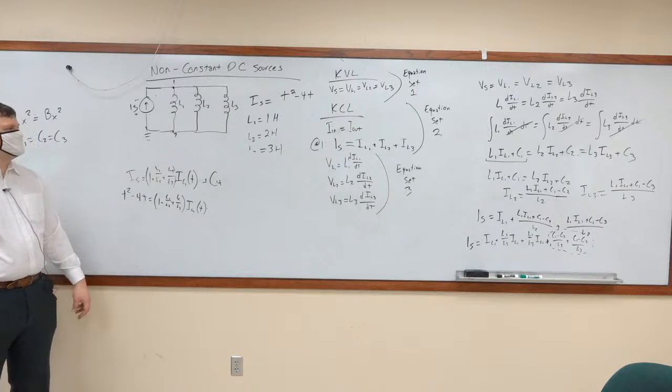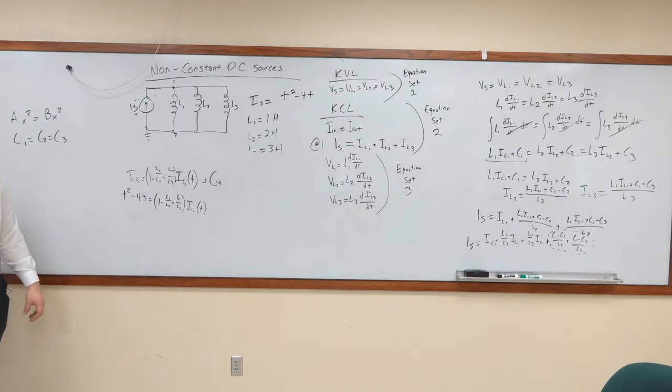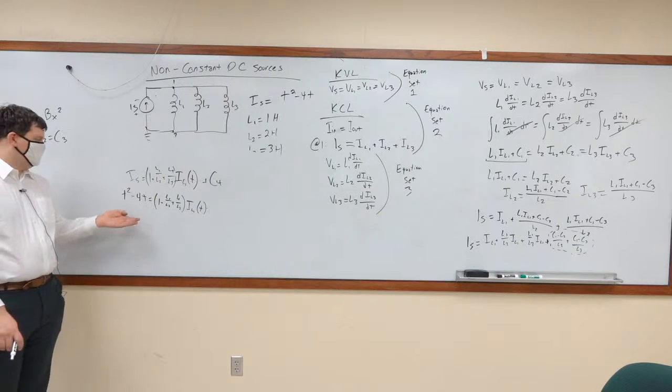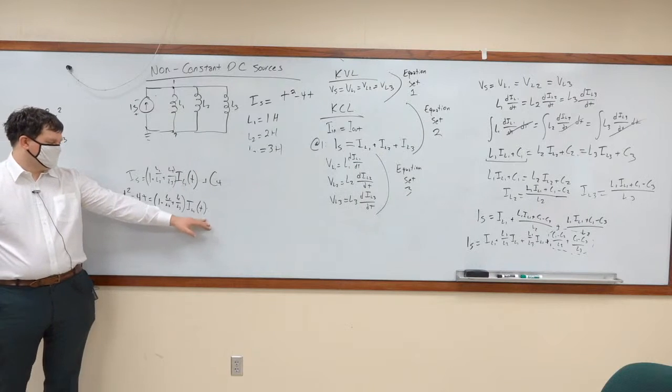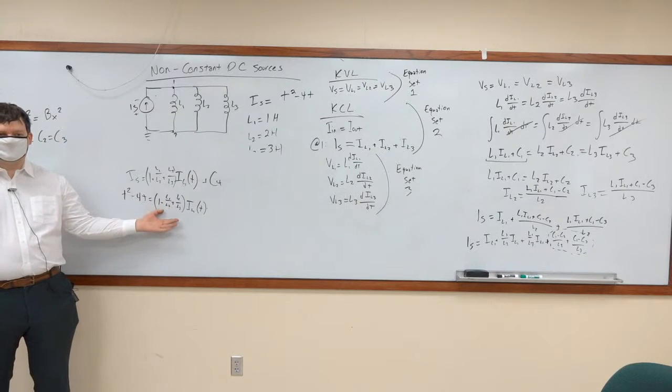Now, if we would have done equivalent inductances, this would have been a lot simpler. We should have done that. I did not do that. But now we have this time function, we know this function, and we know this scalar. Okay?